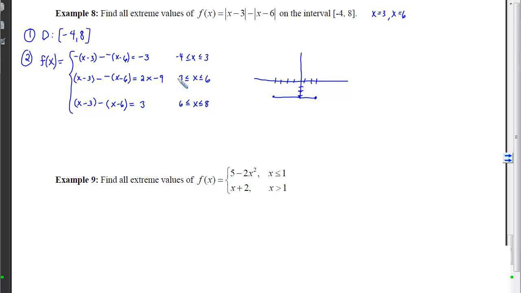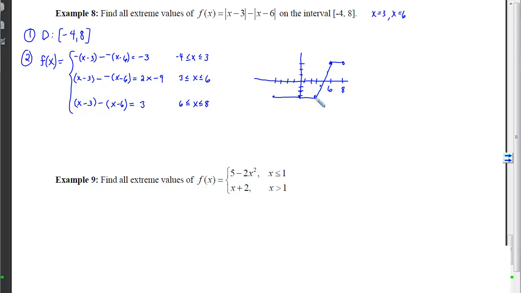Then between 3 and 6, I'm going to have a line whose slope is 2. So I will climb 2 and go up 1, climb 2 and go up 1, and I will continue doing that until I get to 6. And once I get to 6, I'll have a y-coordinate of 3. Then I'll continue on that y-coordinate of 3 until 8.